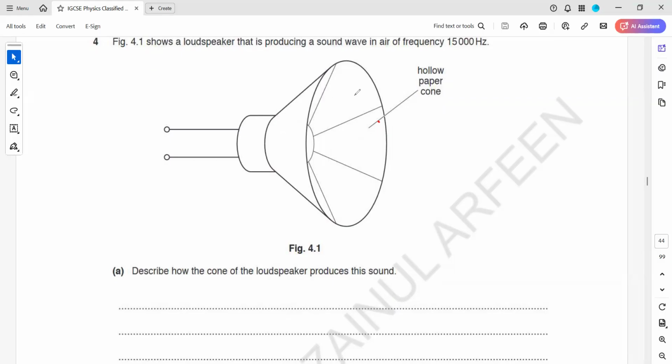So what actually happens? The cone of the loudspeaker vibrates to and fro. This cone is moving in and out, which collides with the air particles around it and pushes these air particles with the same frequency. So the cone of a loudspeaker vibrates, collides with the air molecules, which produces a series of compressions and rarefactions.